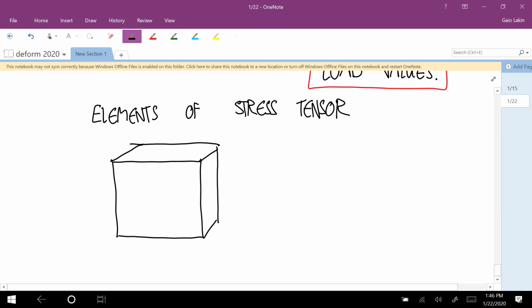If we're using a coordinate system like this, where that's x, that's y, and that's z, then there are forces like this, this, and this. On each face, there are forces in the direction of every axis. But we only need to represent these 3 faces.